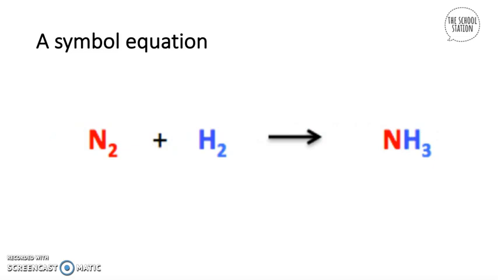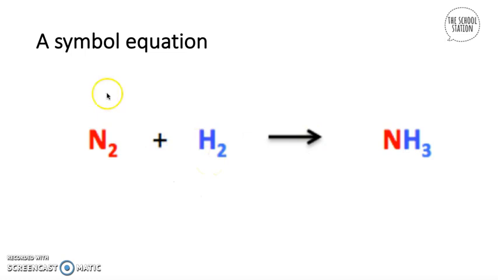But a symbol equation can be a bit harder to learn, though it can be the same thing. We have nitrogen plus hydrogen turns into ammonia, but as you can see, there are smaller numbers next to the symbols, and that's showing you how much of each substance is involved.